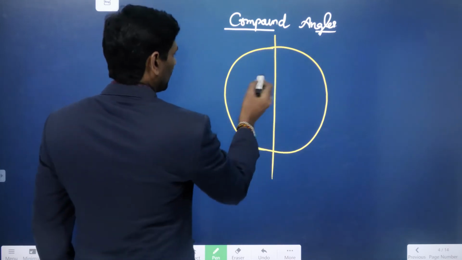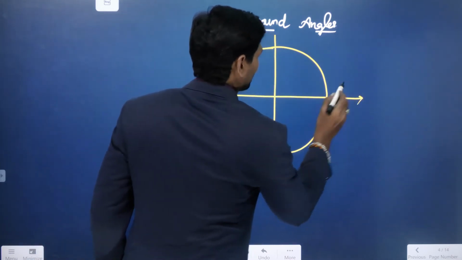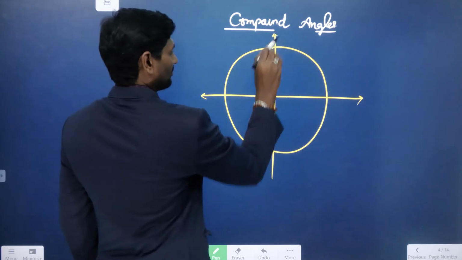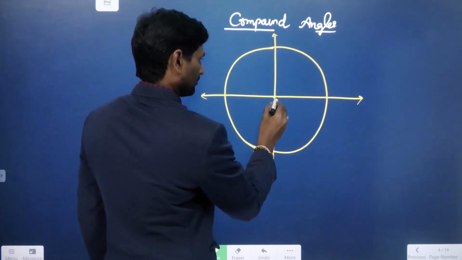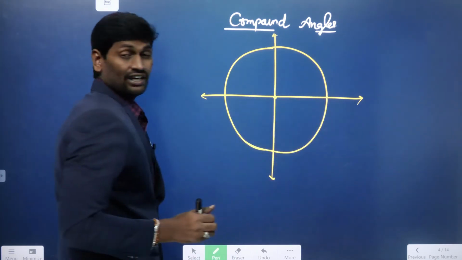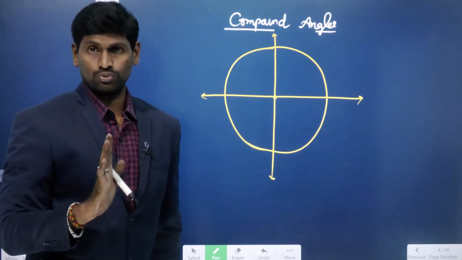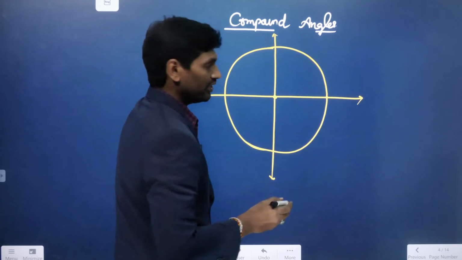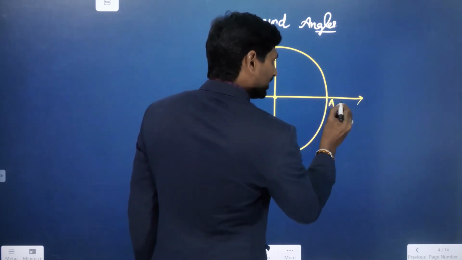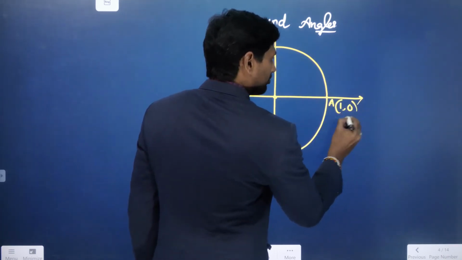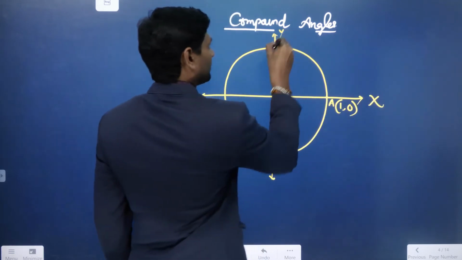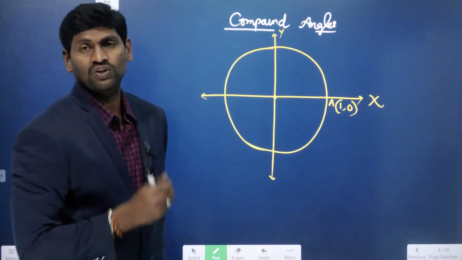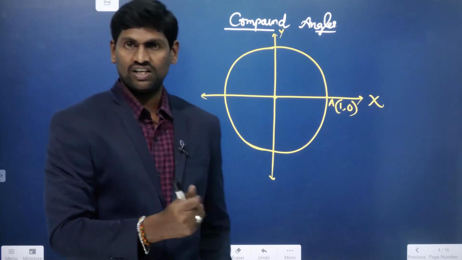Okay. So let us take this x-axis and y-axis like this. And we take one radius equal to 1 unit. Radius equal, that means the distance from here to here is 1 unit. So let this point be A (1, 0), because it is lying on the x-axis. The points on the x-axis are (1, 0), (2, 0), (3, 0), like that, right?